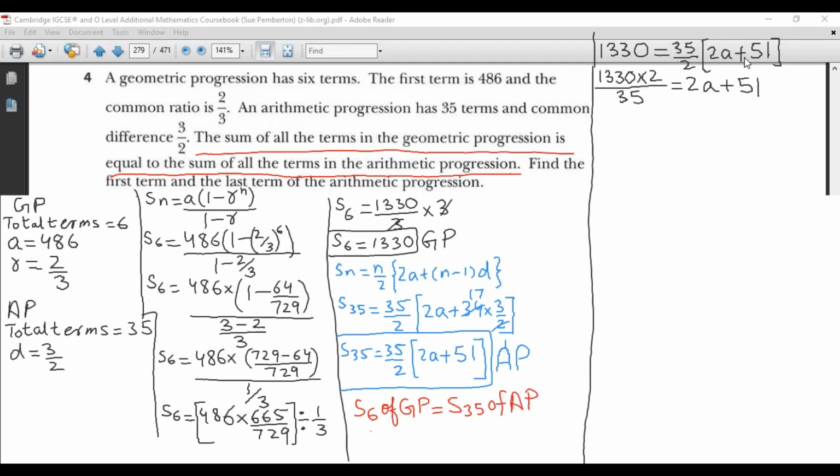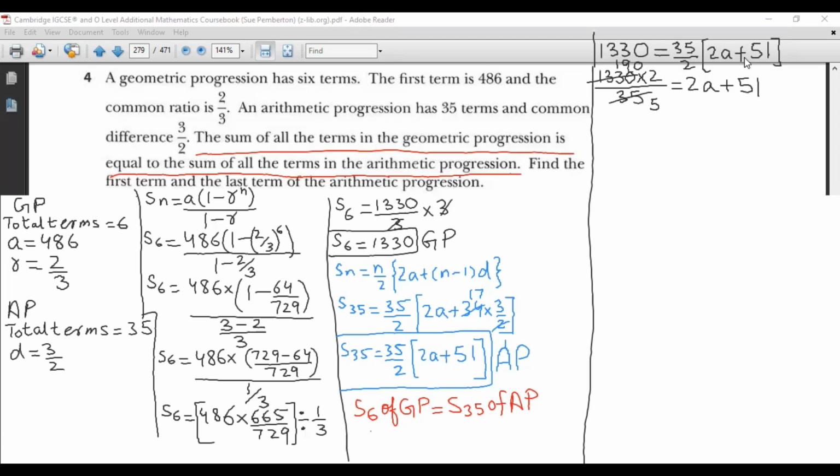When I simplify this one, if I divide the given thing, 7 fives are 35 and 190.